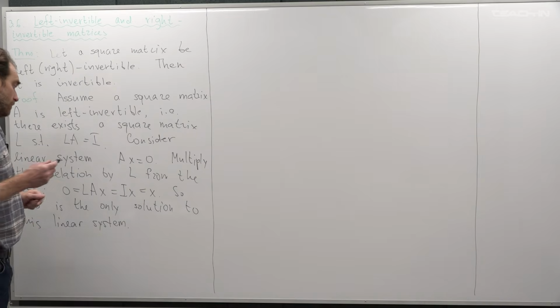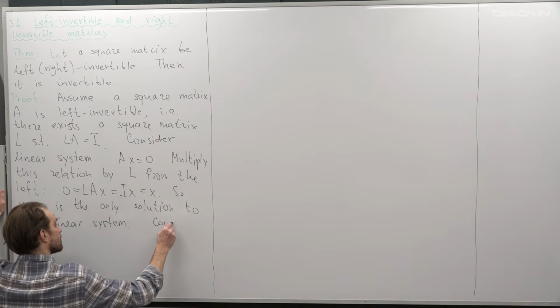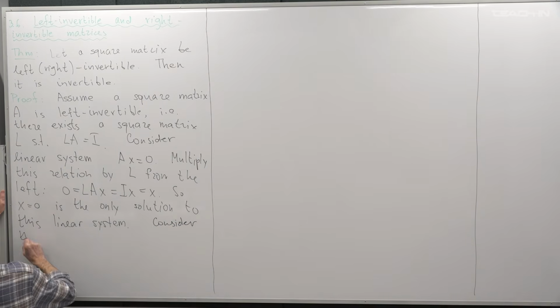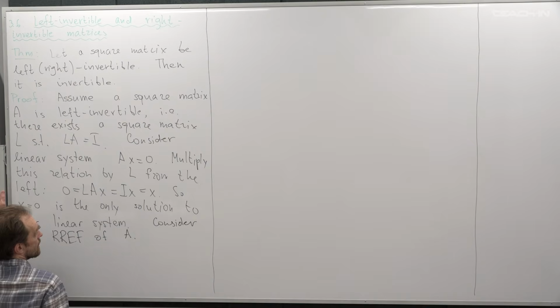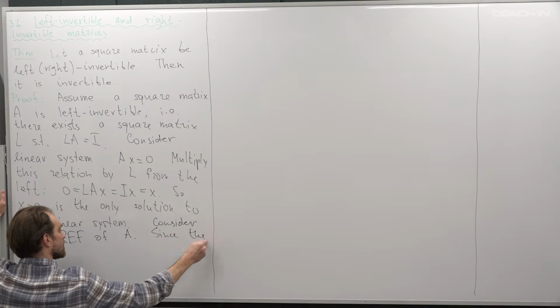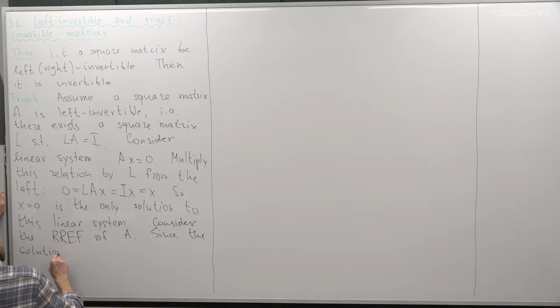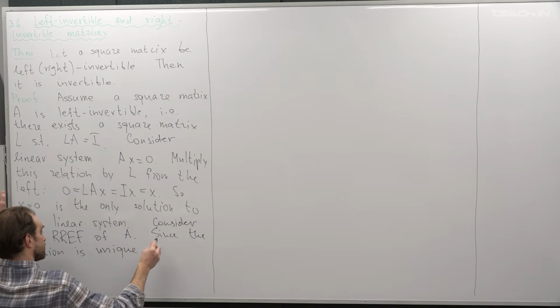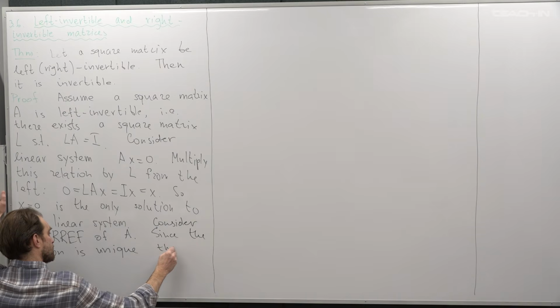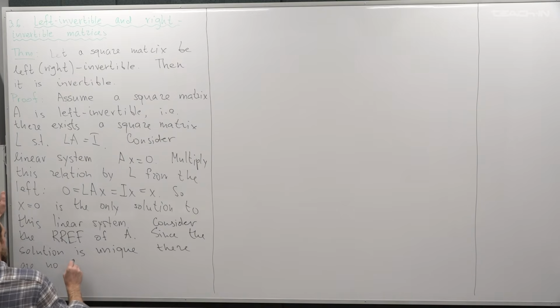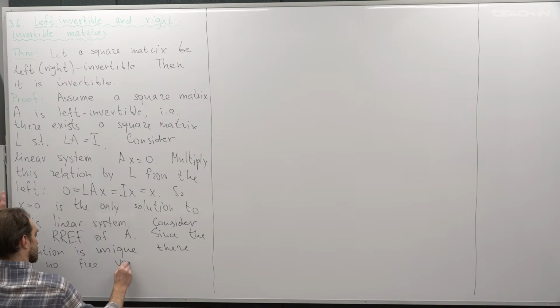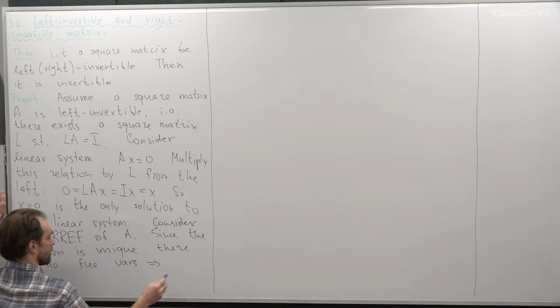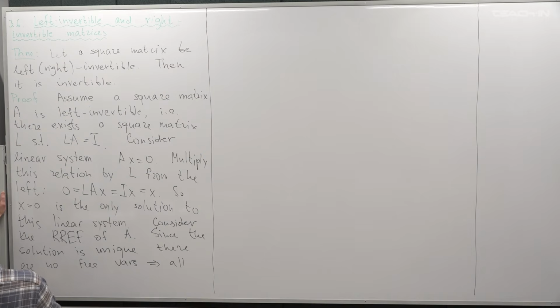Consider now the reduced row echelon form of our matrix A. Since the solution is unique, there are no free variables, and therefore all variables are leading.